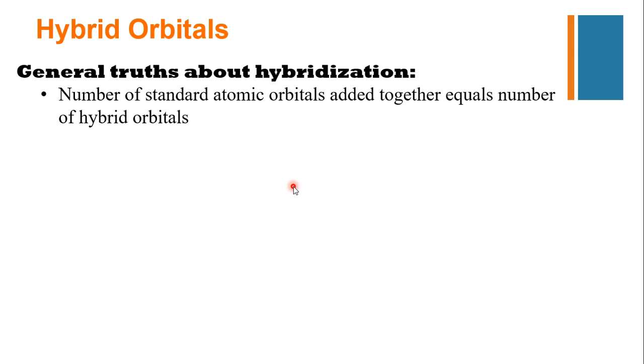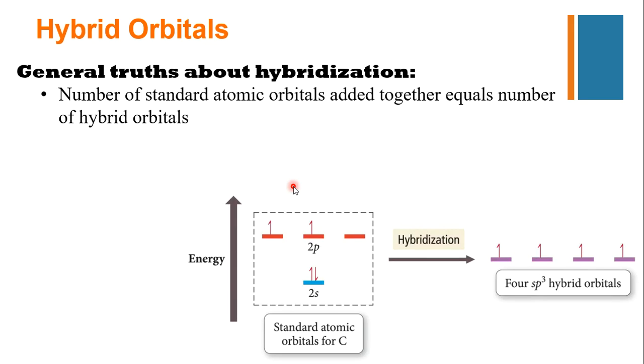If I smash together 2 standard orbitals, I'm going to get 2 hybrid orbitals. Whatever I put in is what I'm going to get out. Put 3 in, get 3 out. Put 4 in, get 4 out. So the standard orbitals added together equals the number of hybrid orbitals. Okay, so here's a picture of this first hybridization that we actually did and we're going to talk about.